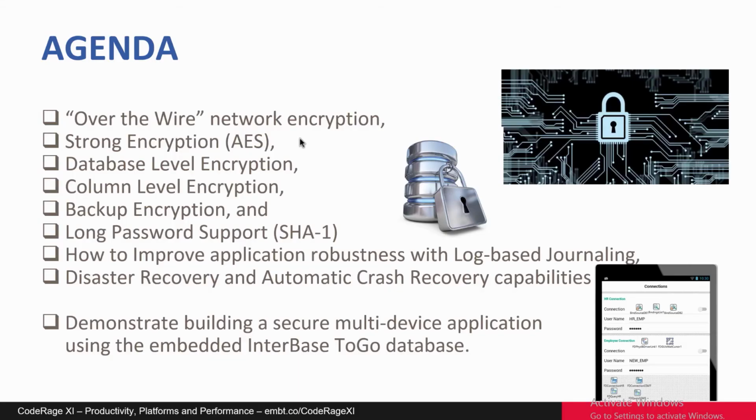Recalling our agenda, there are a few additional forms of InterBase database encryption that I'd like to spend a few minutes to briefly cover: over-the-wire network encryption, backup encryption, long password support, log-based journaling, and disaster recovery and automatic crash recovery capabilities using the InterBase database.